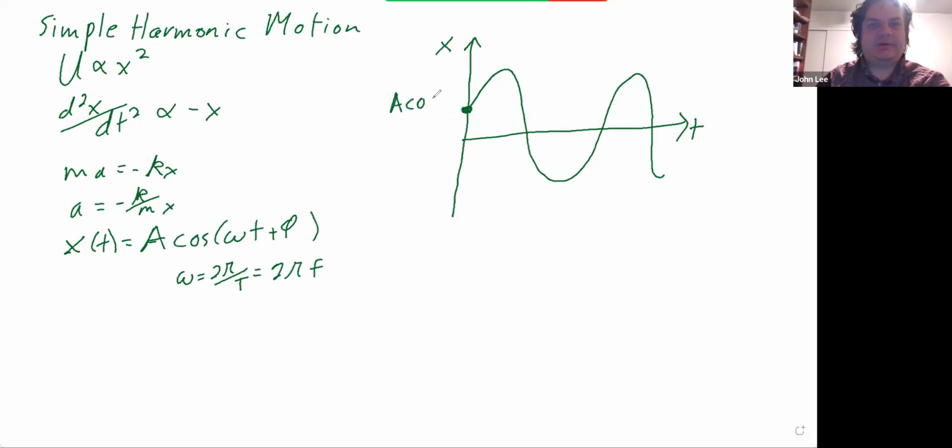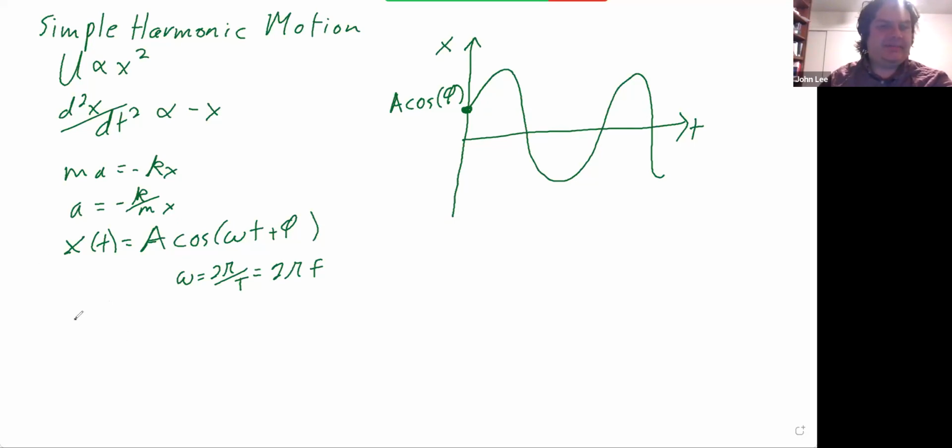So this has a value of A cosine of phi. This phi is called the phase shift, and it tells you how far along in your cosine wave you are at t equals 0. So x of t is equal to A cosine of omega t plus phi.